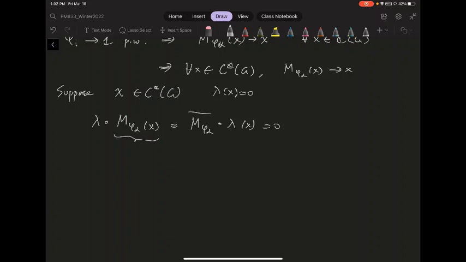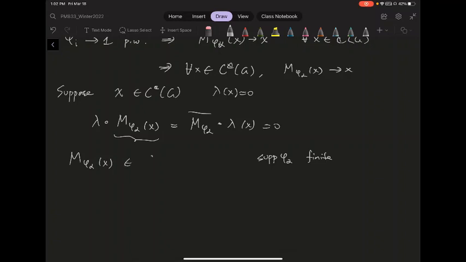But now you see that for M phi alpha of x, the support of this phi alpha is finite. Imagine your x may be some infinite combination, but the phi alpha will kill off all but finitely many of these. So essentially, this is going to be finitely supported.